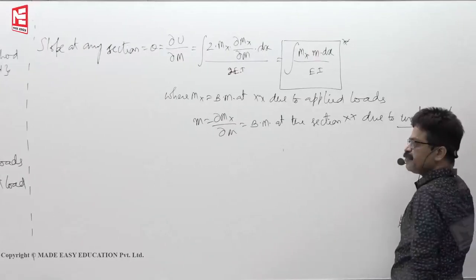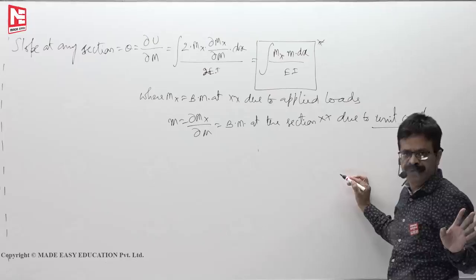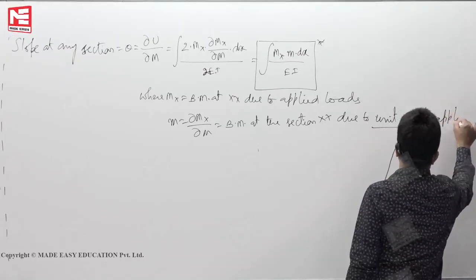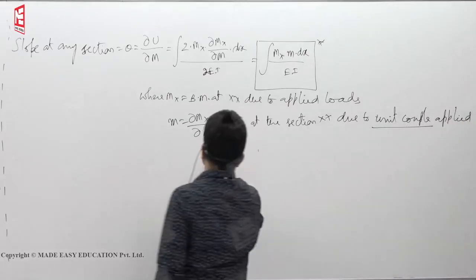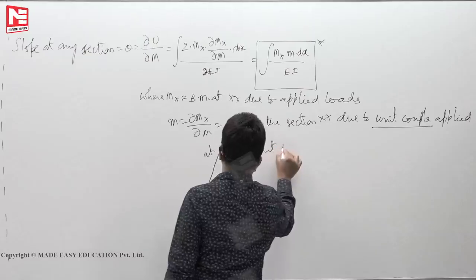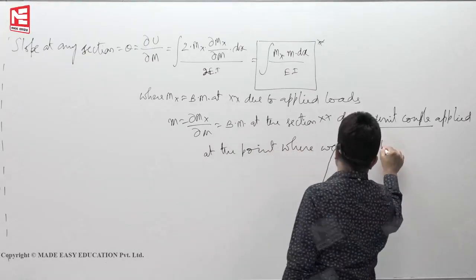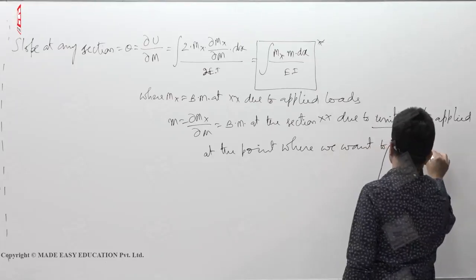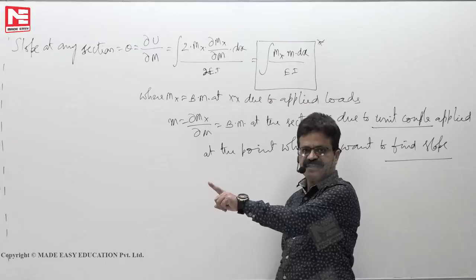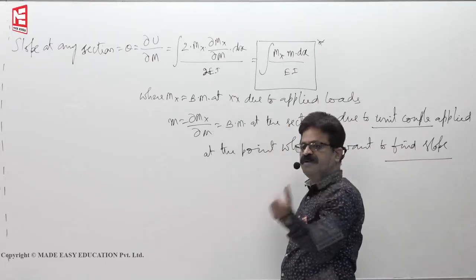You have to apply unit couple. Unit couple means magnitude is 1 and it has no units. Due to unit couple applied at the point where we want to find slope.